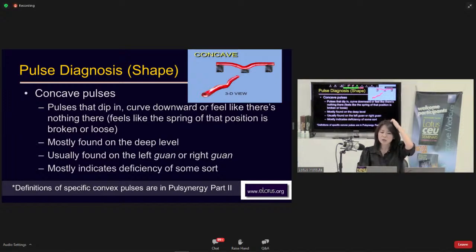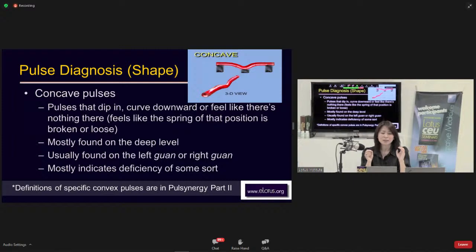So if you're feeling your pulse, and then you find the pulse in the deep level, and you're not sure if it's a deep pulse or a weak pulse or a thin pulse, it could likely be a concave pulse. And just remember that concave pulses are usually found on the right or left Guan positions.